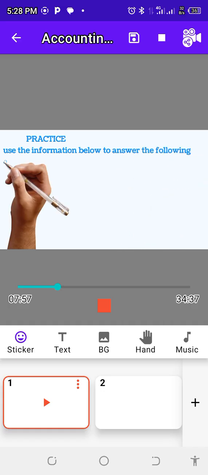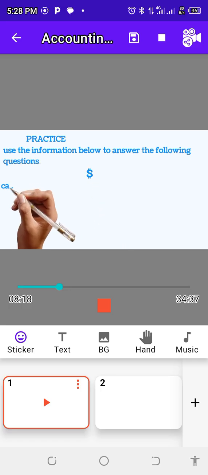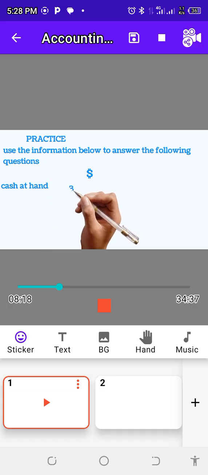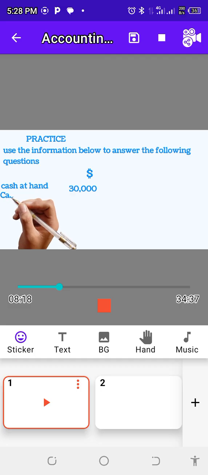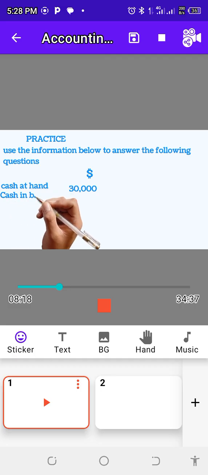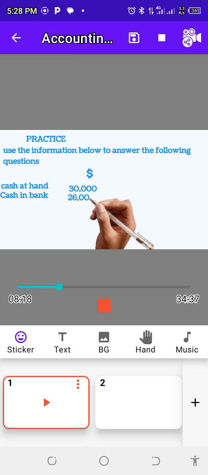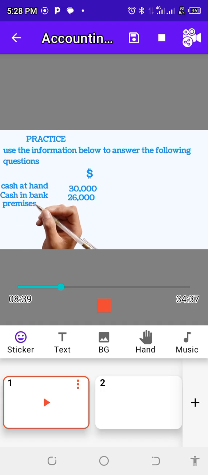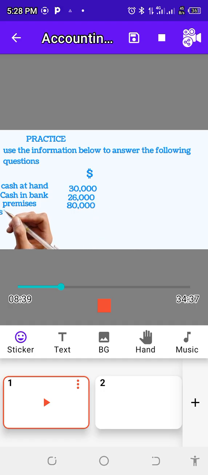Practice number 1. Use the information below to answer the following questions. Cash at hand, $30,000. Cash in bank, $26,000. Premises is $80,000.